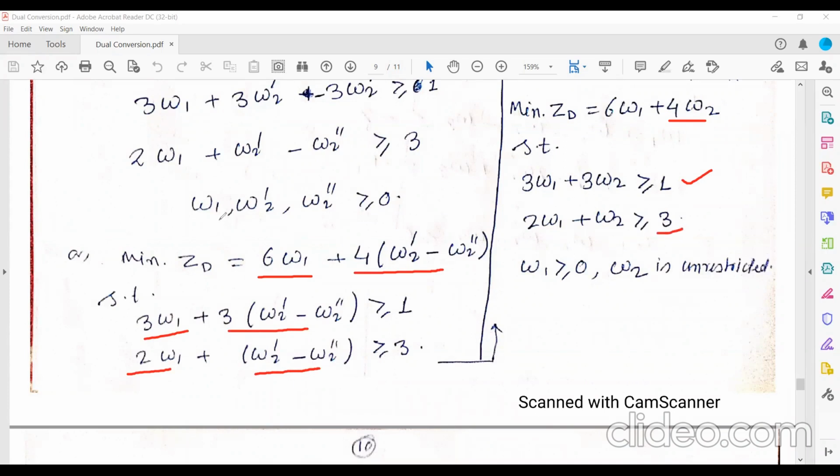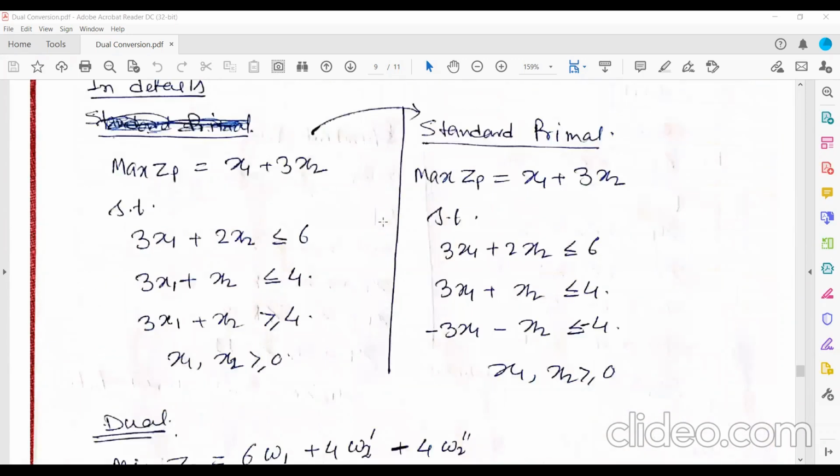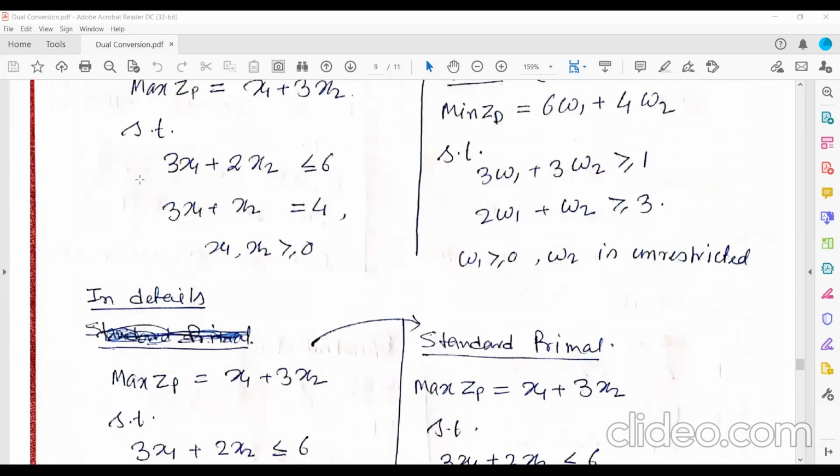Here, if you see the constraints, the equality sign is present in the second constraint. The first constraint is the same, there is no change.